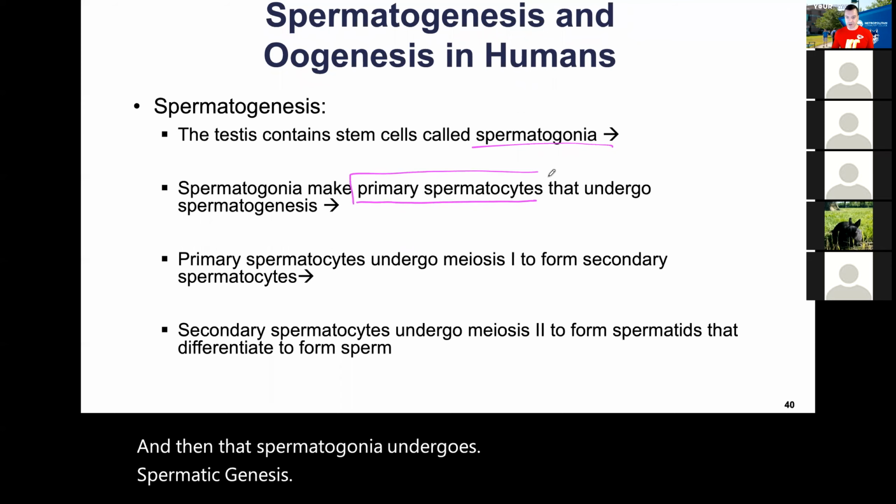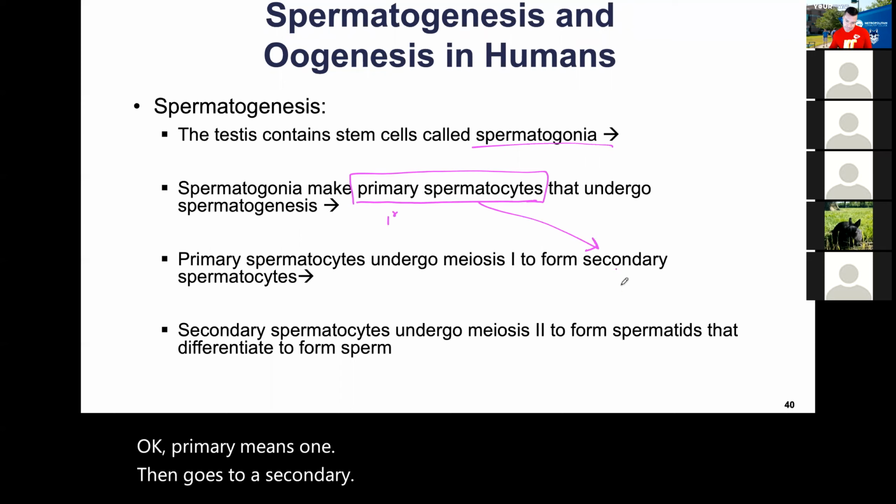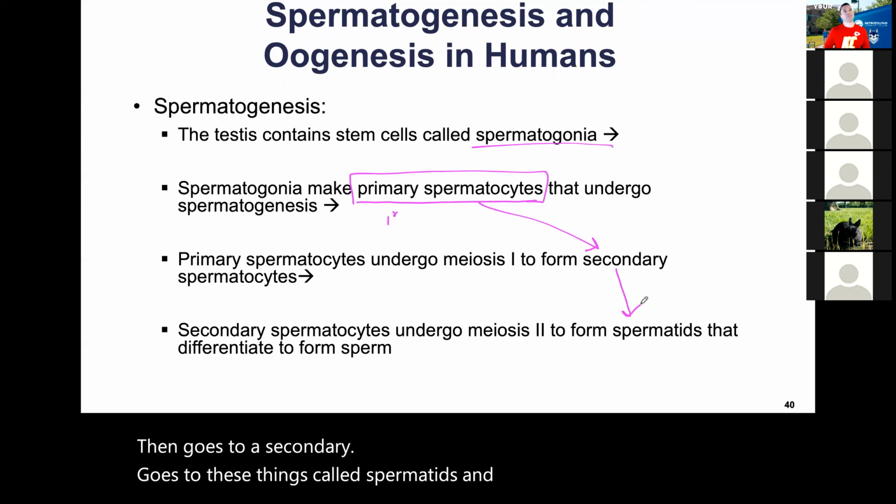It makes a primary spermatocyte. Primary means one. Then it goes to a secondary. Then it goes to these things called spermatids, and spermatids are non-differentiated sperm. They're not mature.